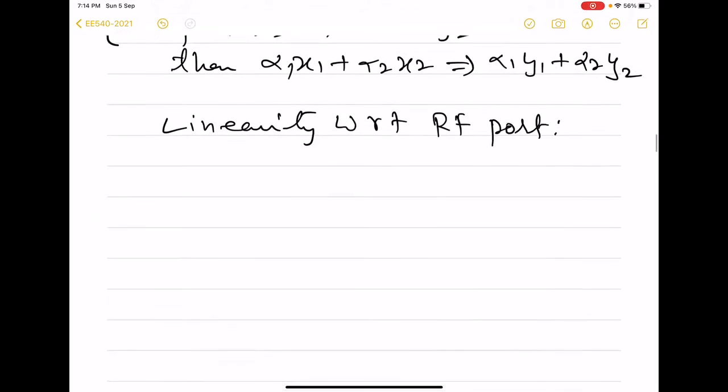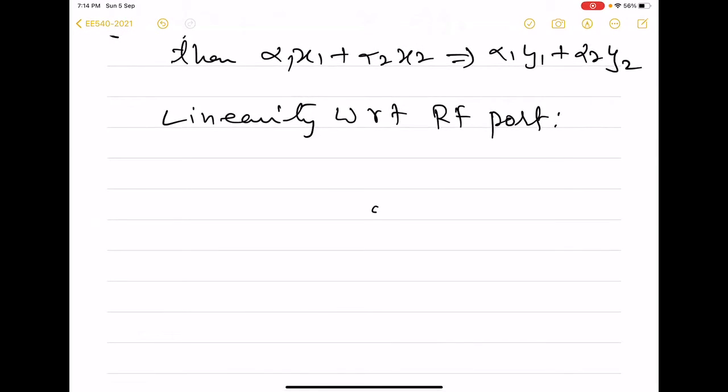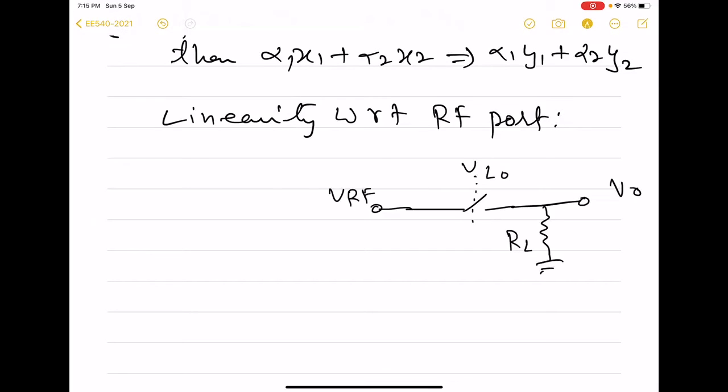So for this case, we will keep only the RF port outside. LO port we will keep inside the block. So this is the scenario.